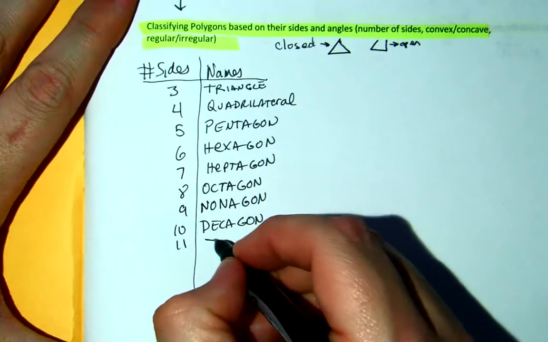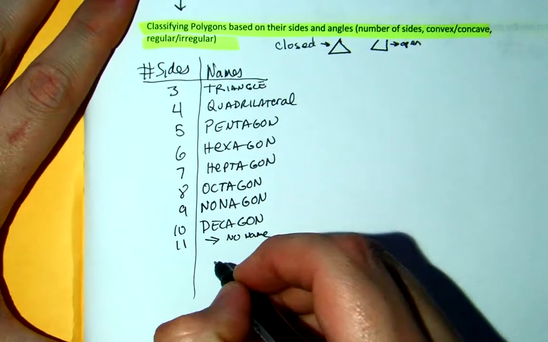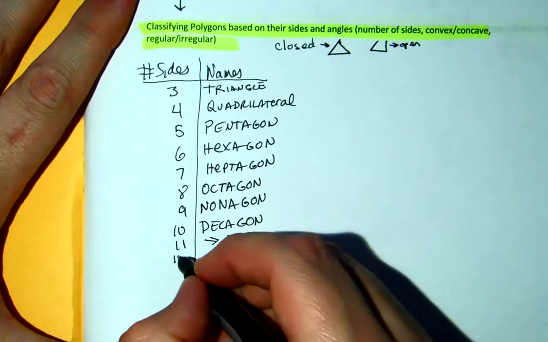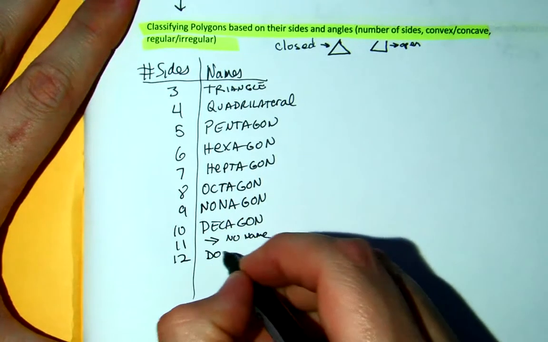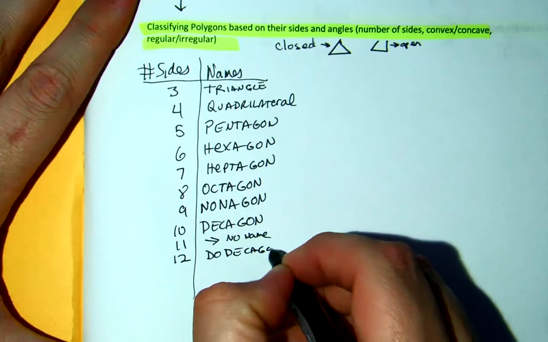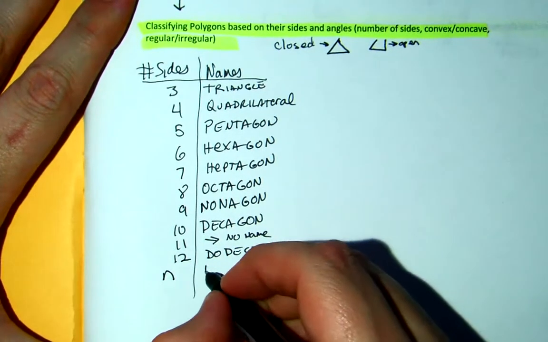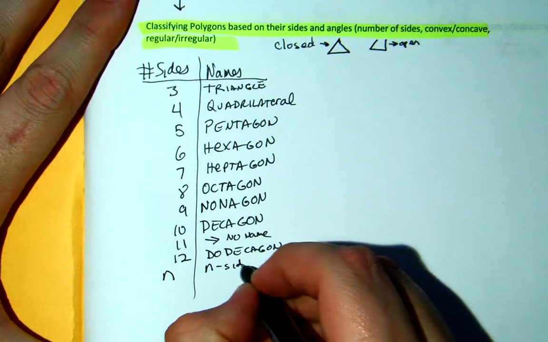11, no name. We just call it an 11gon. 12, a dodecagon. And for any side n, we call it an n-sided gon.